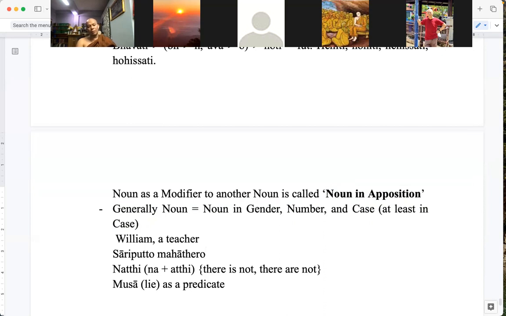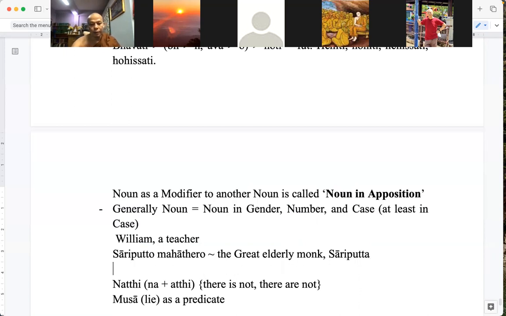Great elderly monk, Sariputta, in this way. And also here, those are the noun and a name and their modifier. So now the meaning of this one is, so Sariputta.